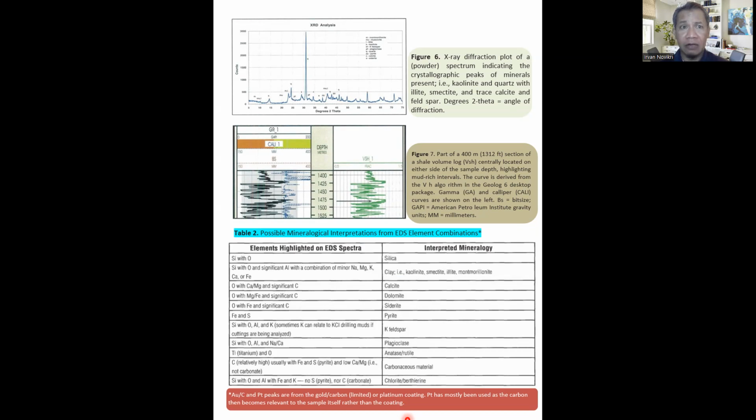The table further outlines interpretation for other elements and their combinations such as calcite, dolomite, pyrite, potassium feldspar, another plagioclase, anatase, rutile, a series of heavy minerals, carbonaceous materials, and also chlorite and berthierine.